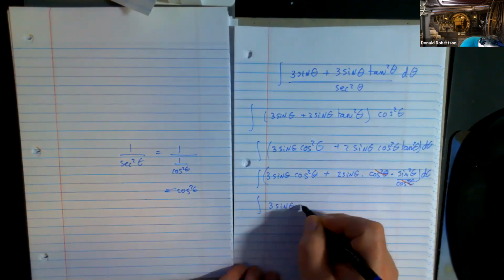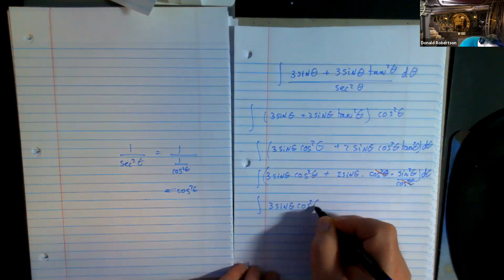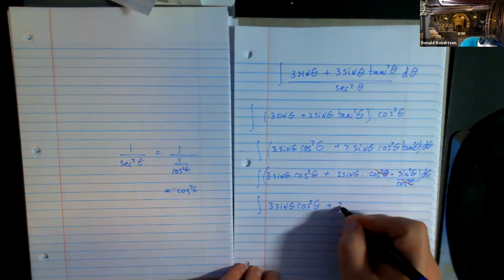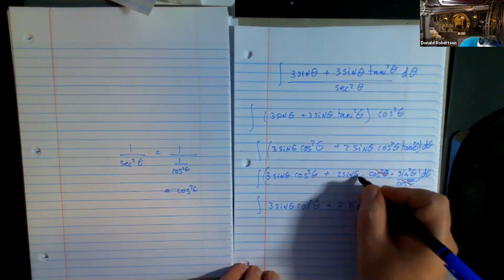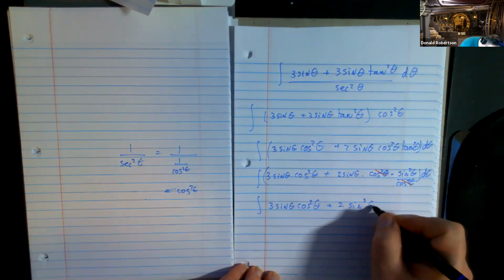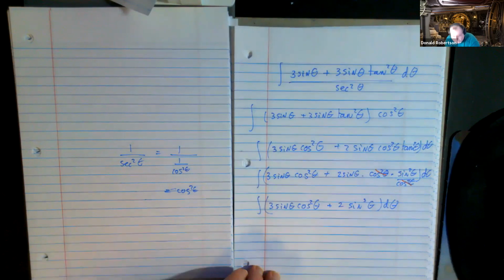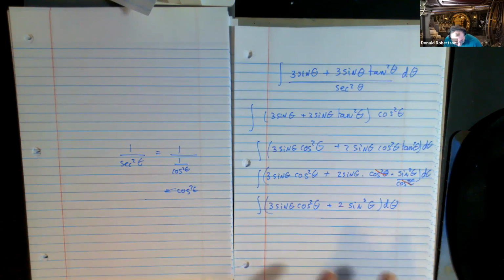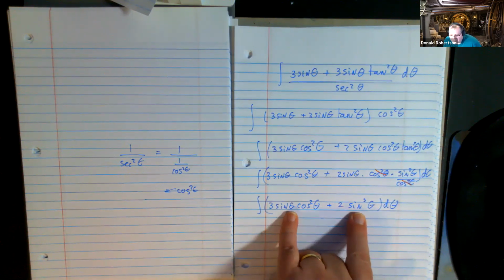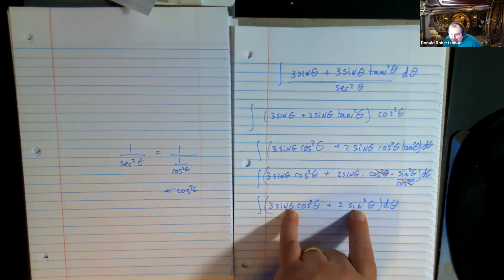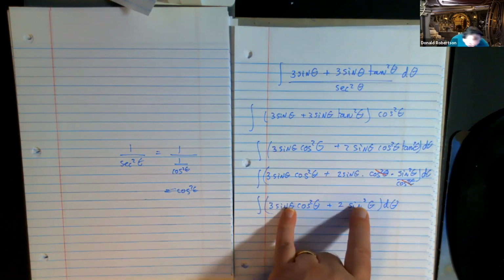And now we've got 3 sine theta cos squared theta plus 2 sine and sine gives me sine cubed theta. And again, you're going to say, well, great, I'm still stuck. No, you're not. You have to look at, is there anything that you can do like a common factor between these two guys?